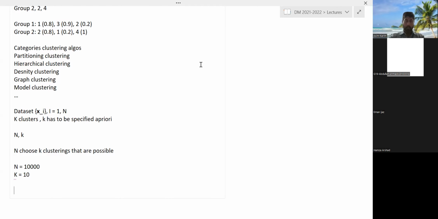So I think I'll stop here. In the next class, we will start with the k-means algorithm, which is a popular clustering algorithm, a partitioning clustering algorithm which is prototype based, and it is commonly used in many applications. So we will discuss this in the next lecture.